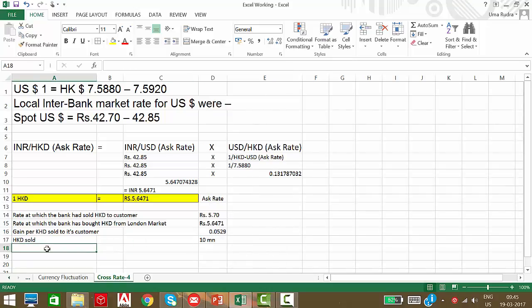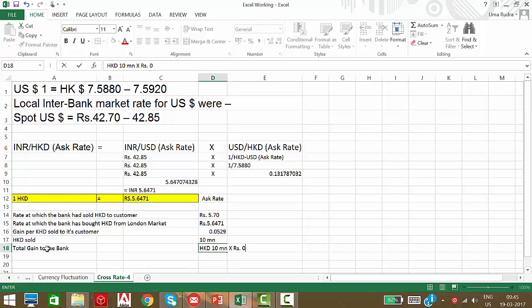So total gain to the bank is HKD 10 million into rupees 0.0529.